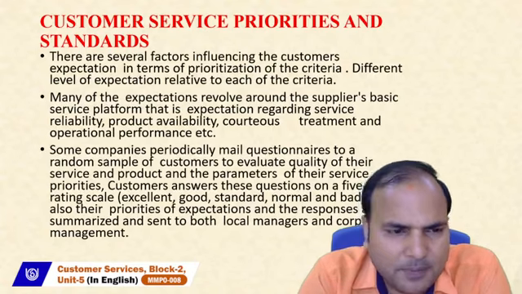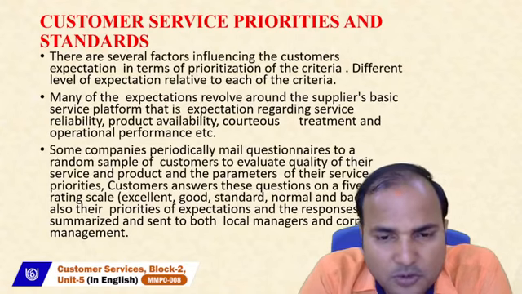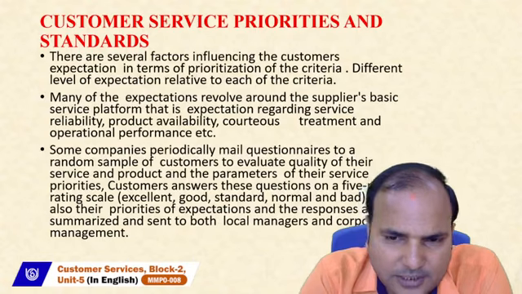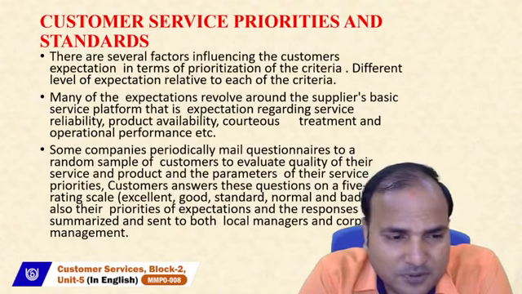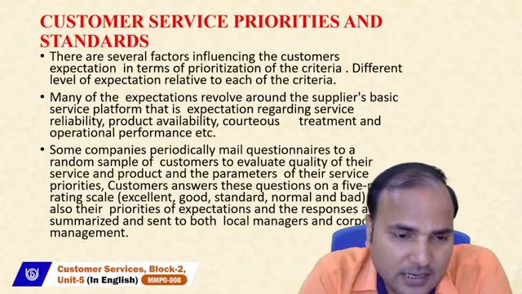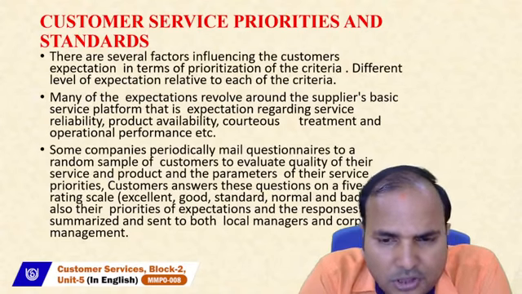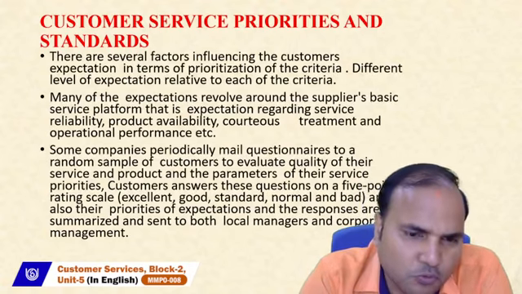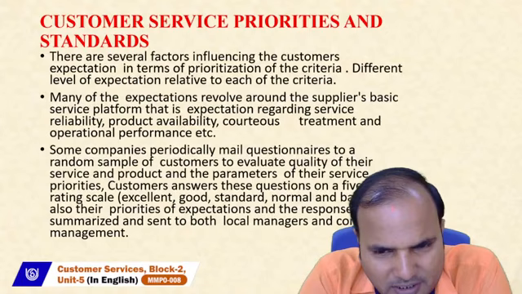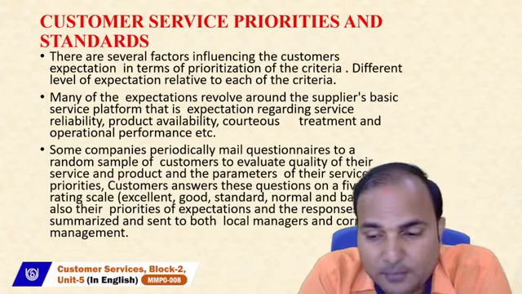In a 5-point rating scale, the customer will give the answer and also their priorities of expectation, and the responses are summarized, and all the information through a summary statement will be sent to both local managers and corporate management.